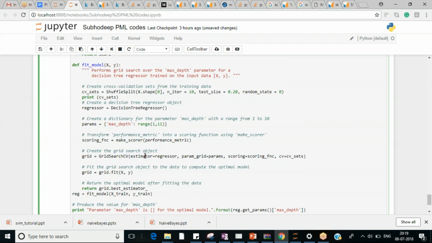You need a model which will do fitting. You need the parameters on which the grid search will be done. You need a scoring on which the performance will be checked, and you want cross validation sets. So these are the 4 parameters that you need for a grid search.